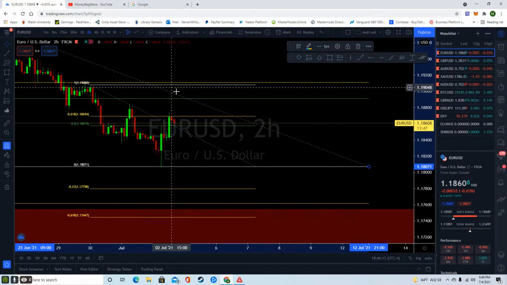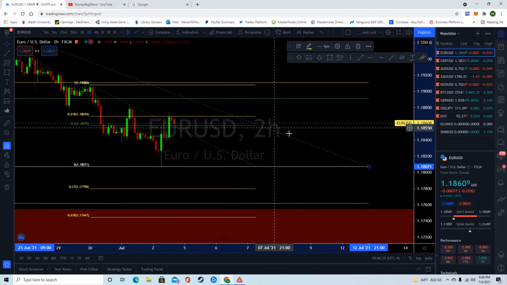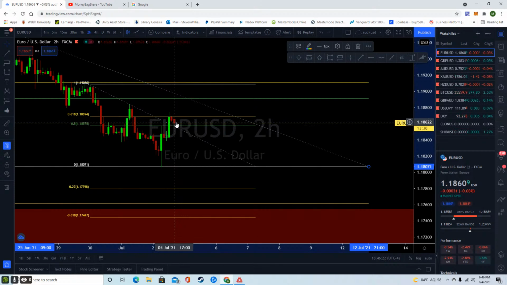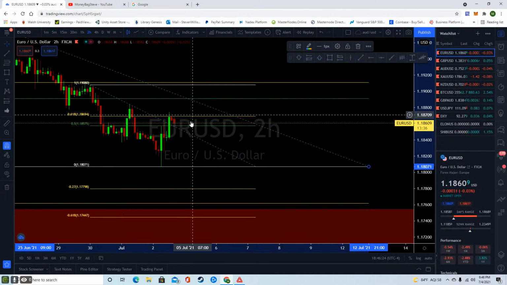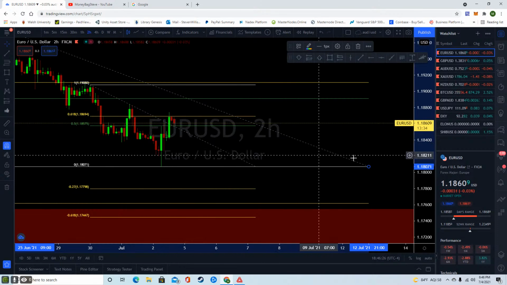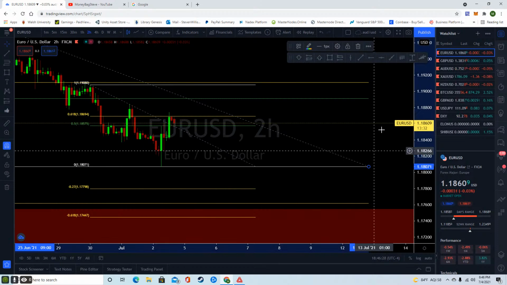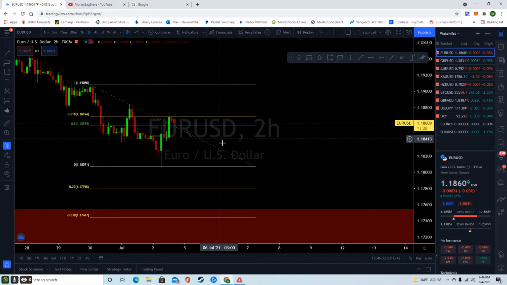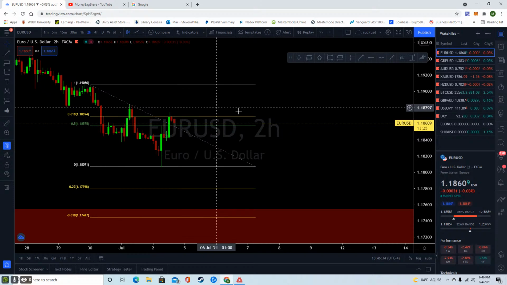Which is pretty much basically this white line for the 100%. But since I got three candles so far that have been stuck in here, it's showing pretty good signs of a resistance zone right here.